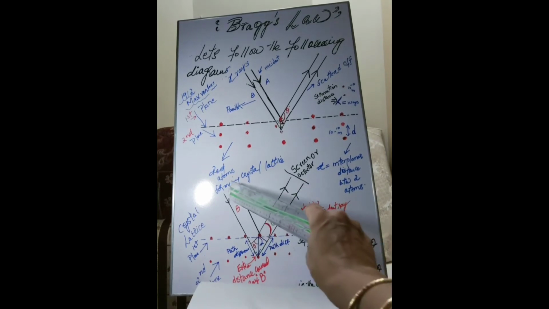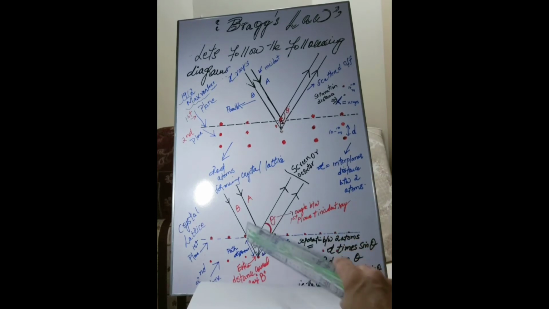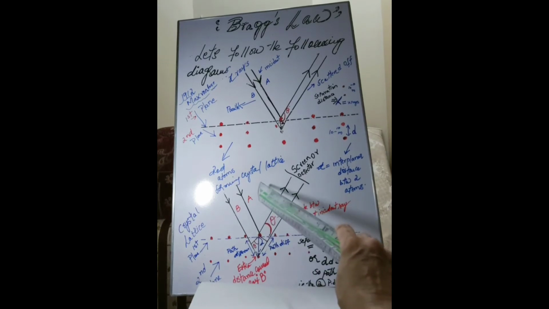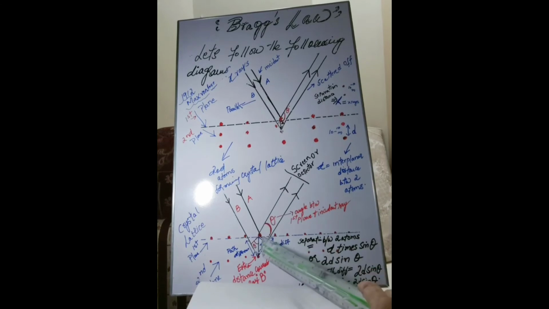Whereas the second one, B, traveled an extra distance, which we call a path difference. This much is the extra distance traveled by ray B, which is not traveled by ray A.